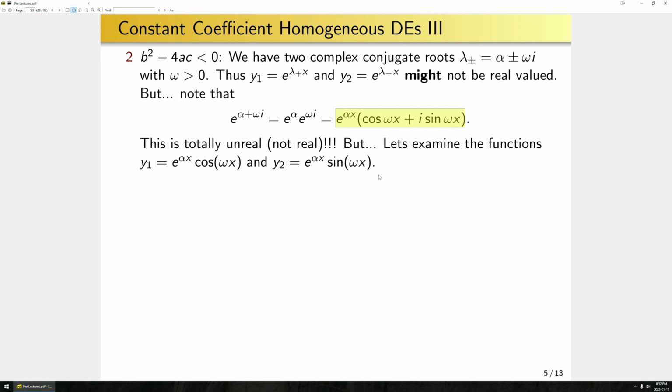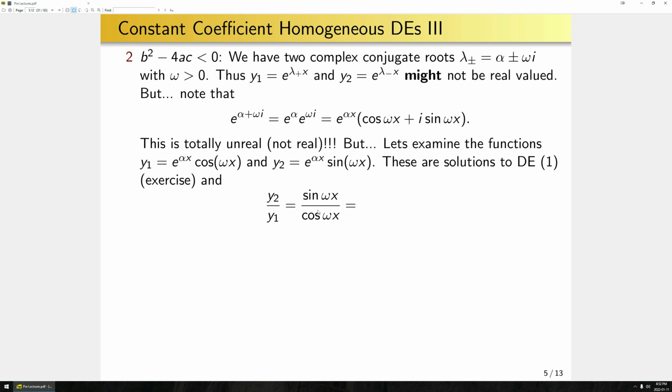Okay, so a pretty direct computation, basically plugging these into the differential equation, shows that these are actually solutions to the differential equation. I'm not going to do this computation because it's just computing two derivatives and plugging them in, but do it to verify that it works. Furthermore, if I take the ratio of these two functions, y2 divided by y1, that just simplifies to sine of omega x over cosine of omega x, right?